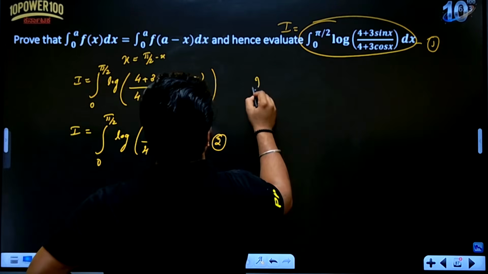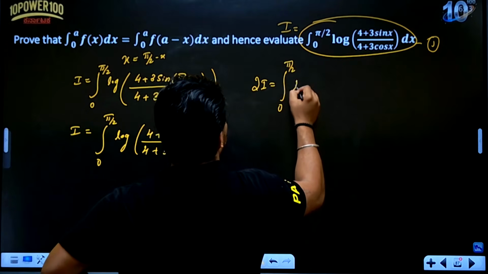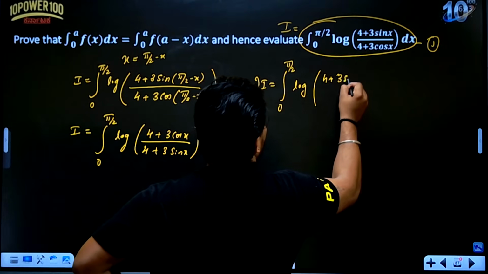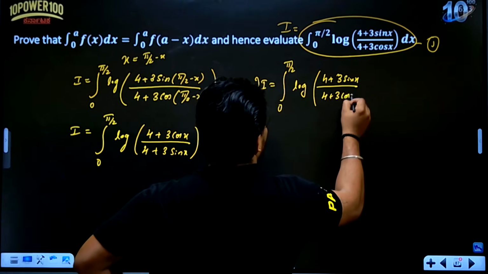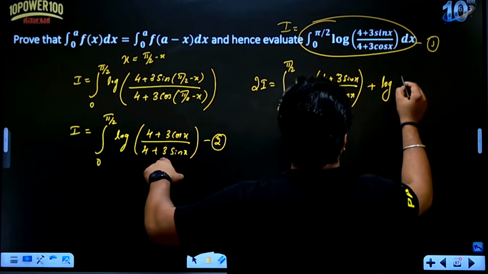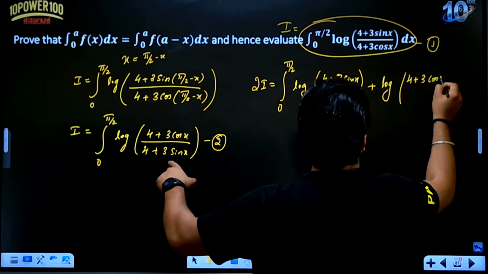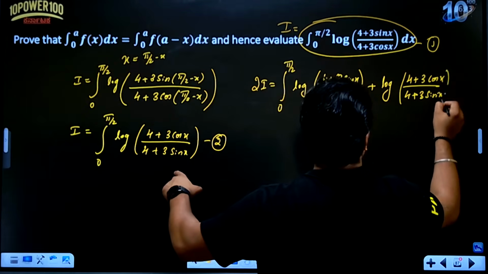So you get 2I. So 2I is equal to the integration from 0 to pi by 2 of log((4 + 3 sin x)/(4 + 3 cos x)) plus log((4 + 3 cos x)/(4 + 3 sin x)) dx.